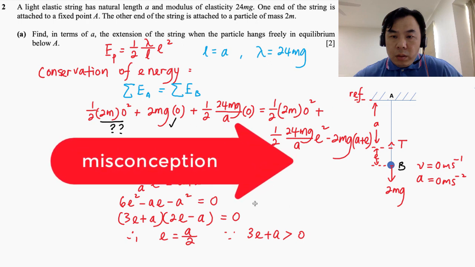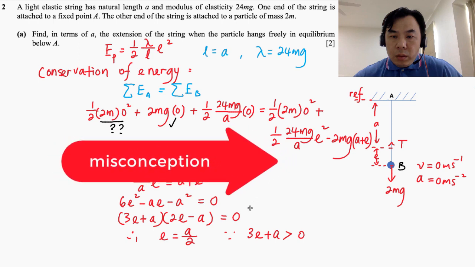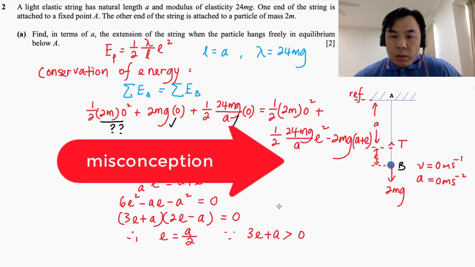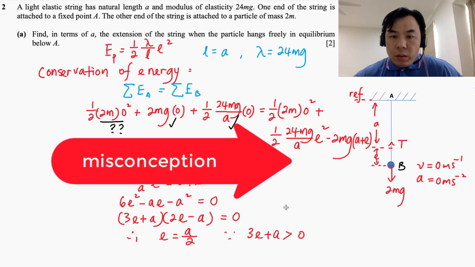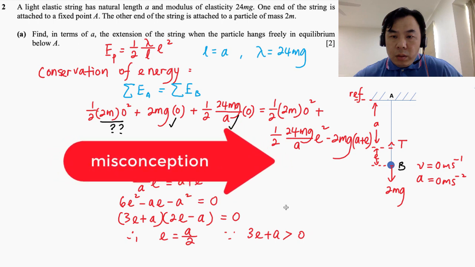The gravitational potential energy is actually zero at that reference itself. And if we start from here, the elastic potential energy is definitely zero. So the only thing we are not sure of is whether the object was released from rest or not.